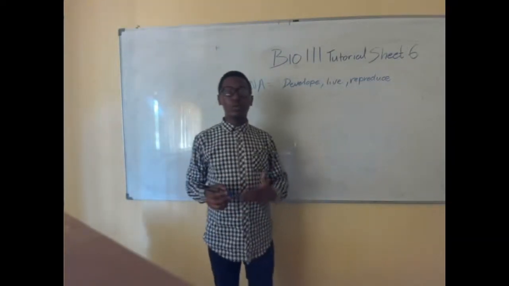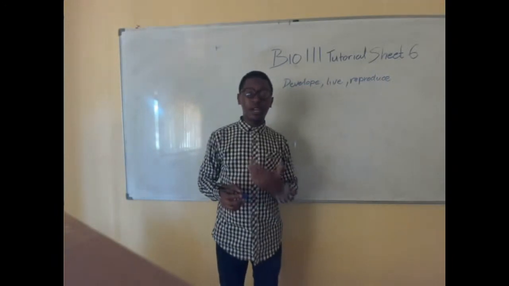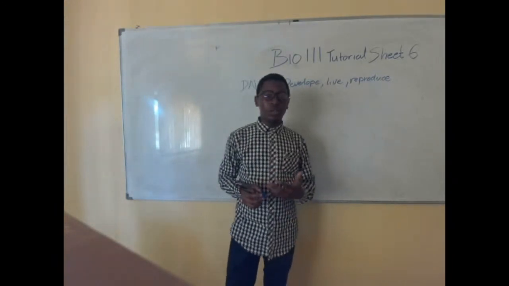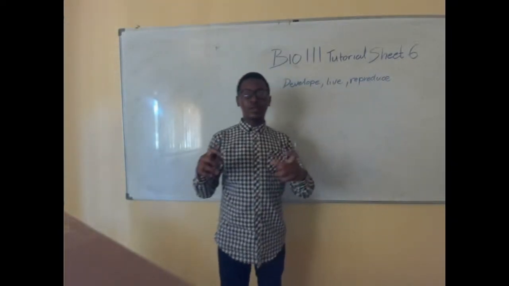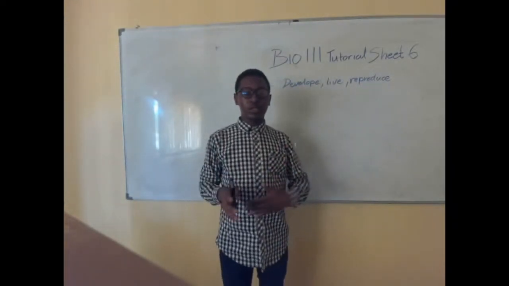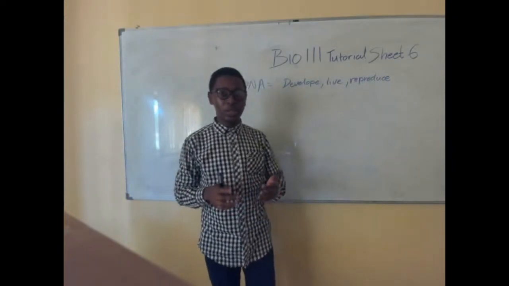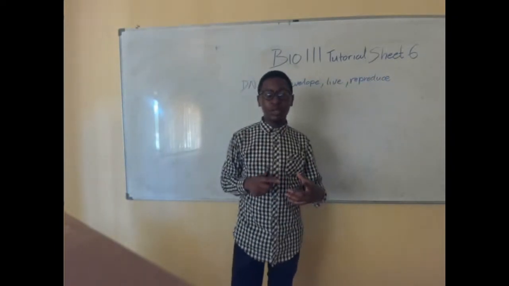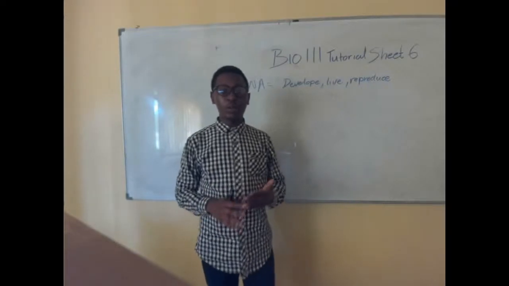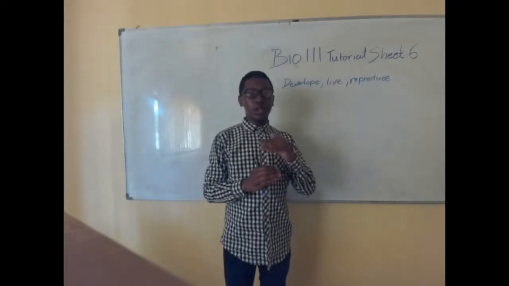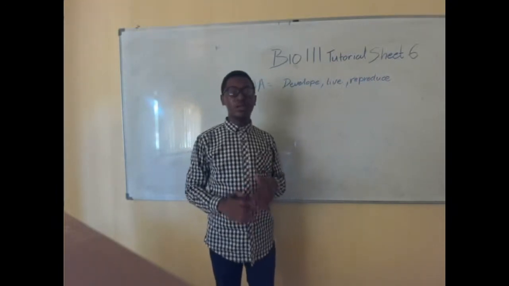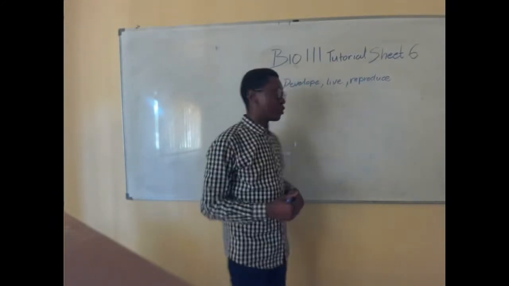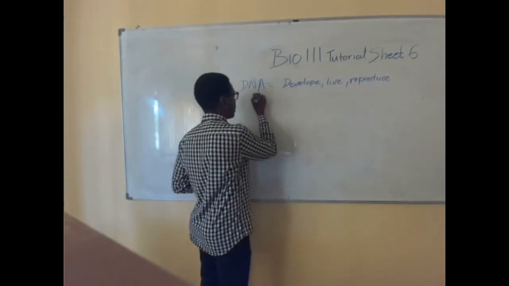The instruction will be issued out in the form of RNA. So when a particular sequence of DNA has to be translated, first of all, it will have to be transcribed into RNA. Then this RNA is going to be translated into a protein. So we have our DNA.